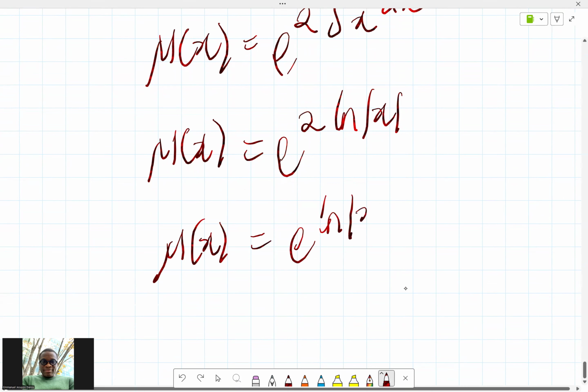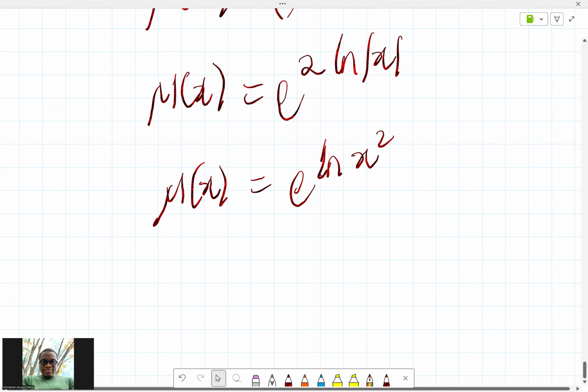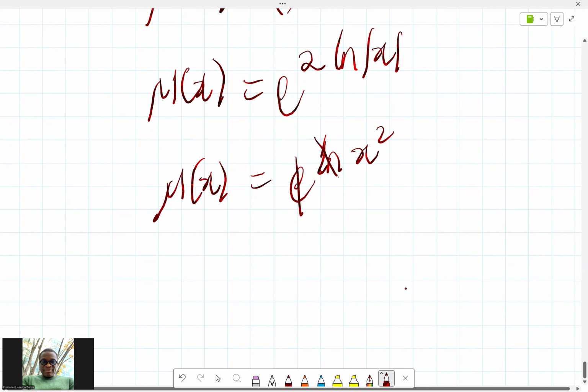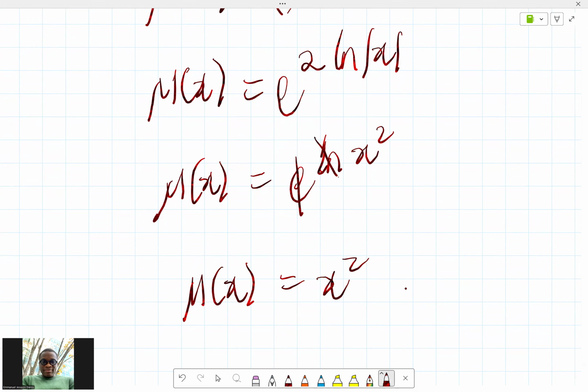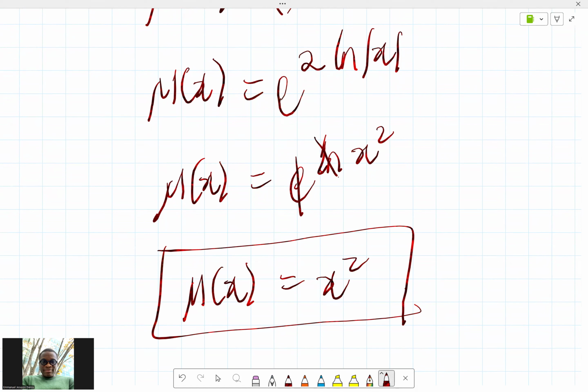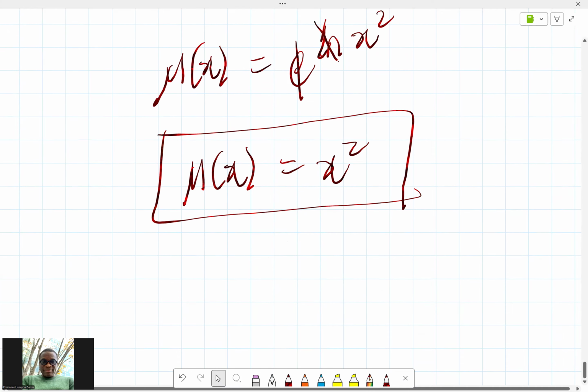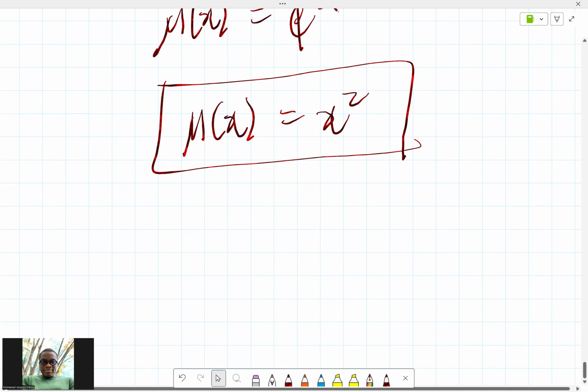Of course, once 2 goes there, the absolute value is not necessary anymore because the square guarantees that it is always positive. And because e cancels ln, mu of x is automatically x squared. So we have x squared for the integrating factor, since the equation is now in linear form.